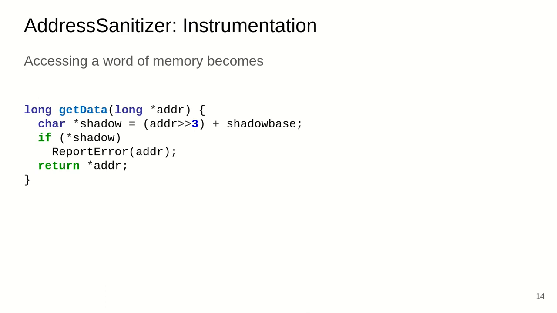Before, a simple memory deref, like asterisk address, becomes a call to get data that is then being inlined. And this would be adding address shifted by 3 to the right to shadow base, and then checking if this is true, like if it is non-zero, and this is where the 0 value comes in, then we report an error.